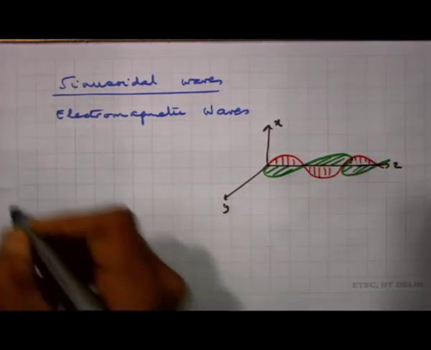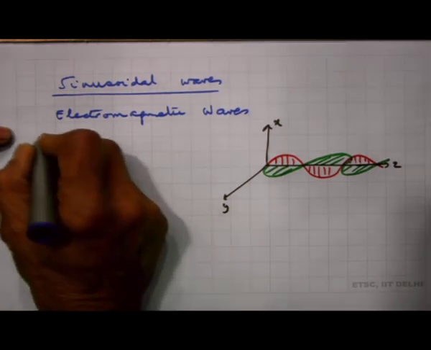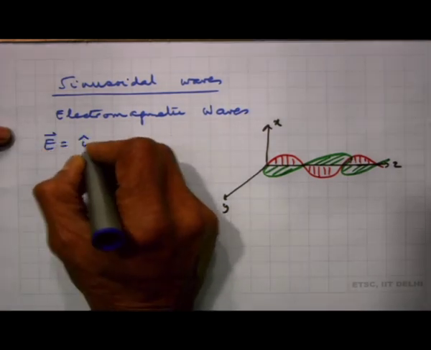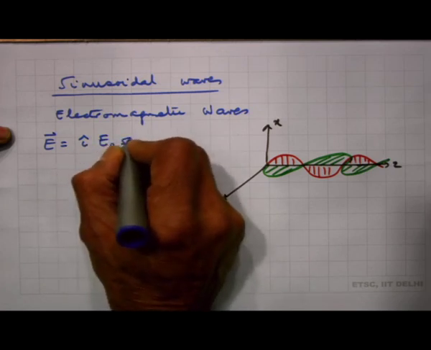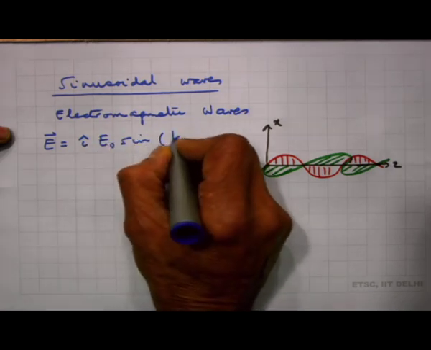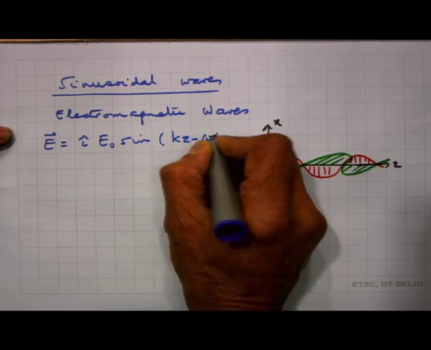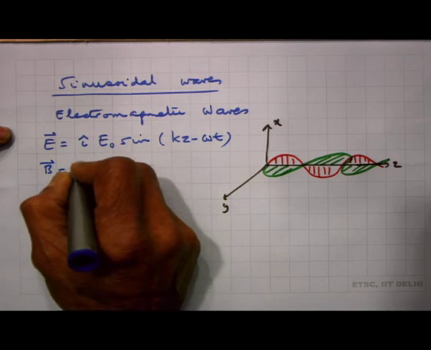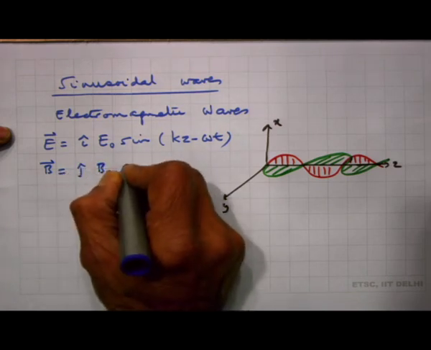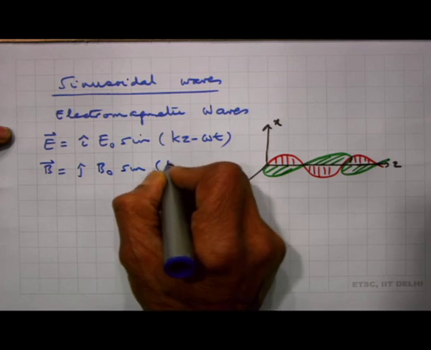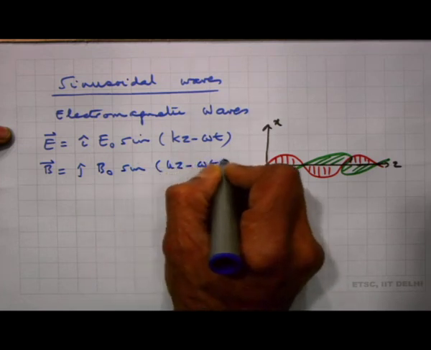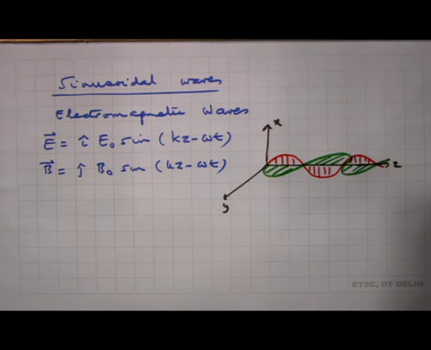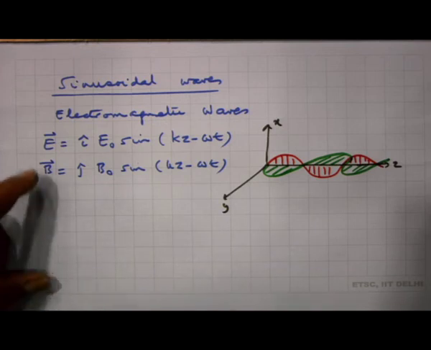So, I will write, for example, E is equal to i cap E 0 sin(kz minus omega t), and B vector is equal to j cap B naught sin(kz minus omega t). These are equations which are very similar to the equations we had written for waves on a string.